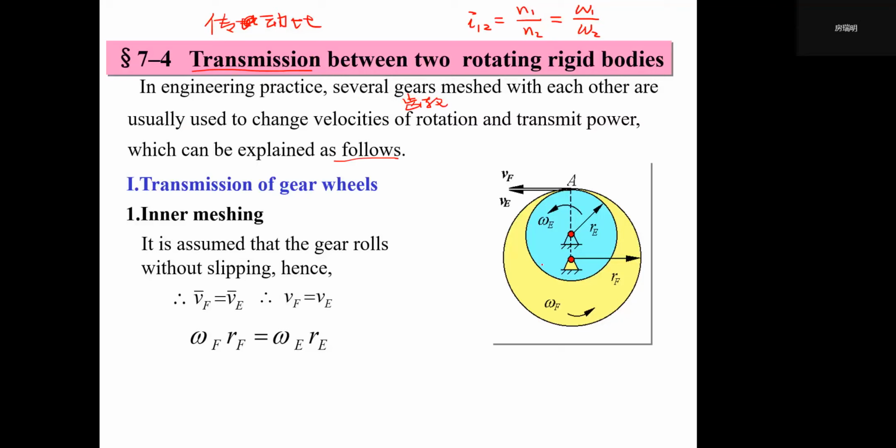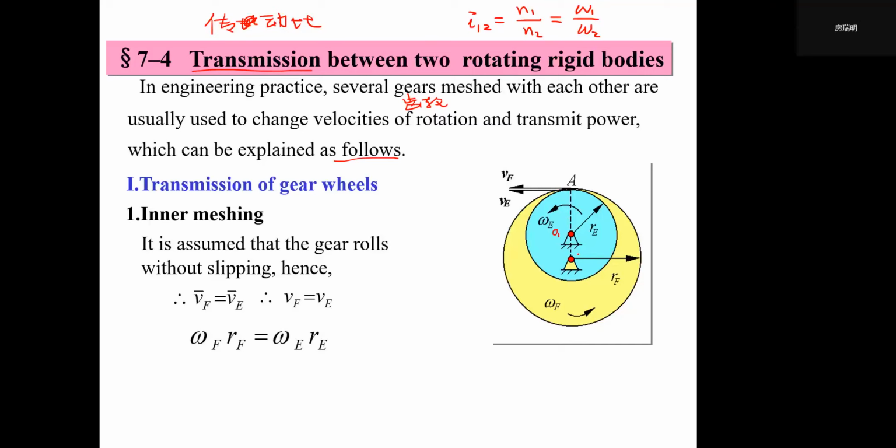In this figure we show two gears. The smaller one has this shallow blue color, maybe, and the bigger one has yellow color. Denote the two gears: the first one, the smaller one, has a rotation center we can call O1.